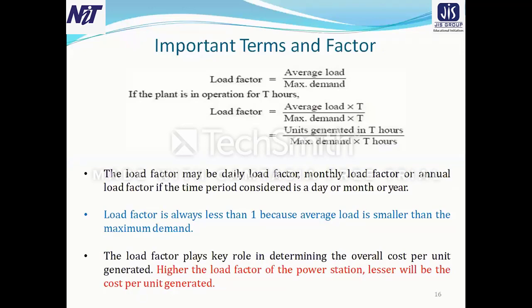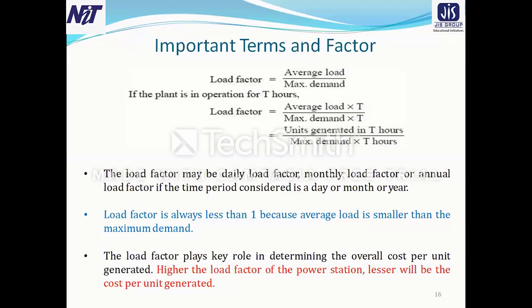Another important term and factor, load factor, equals average load by maximum demand. So if the plant is in operation for T hours, the load factor equals average load into T by maximum demand into T, equals units generated in T hours by maximum demand into T hours. The load factor may be daily load factor, monthly load factor, or annual load factor if the time period considered is a day or a month or a year.